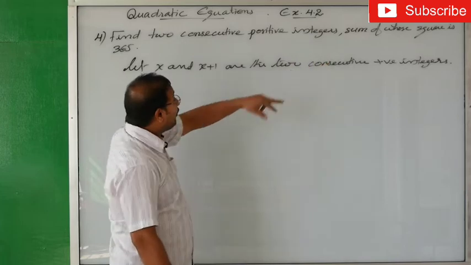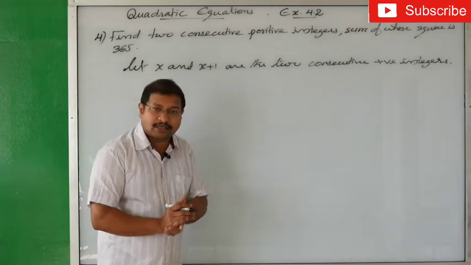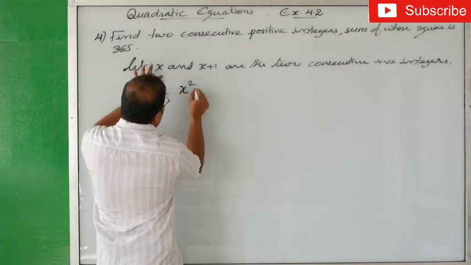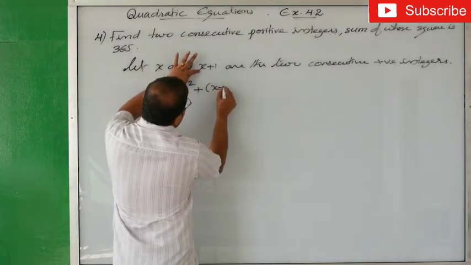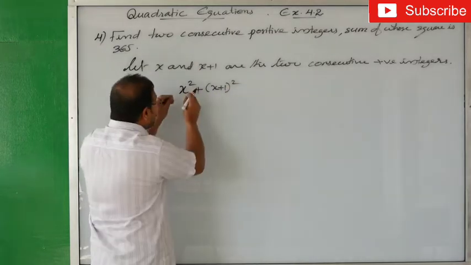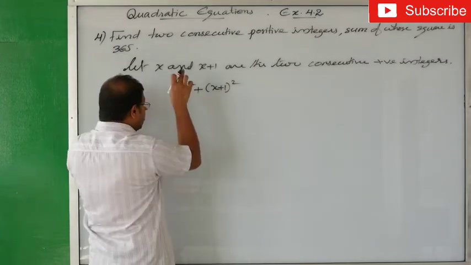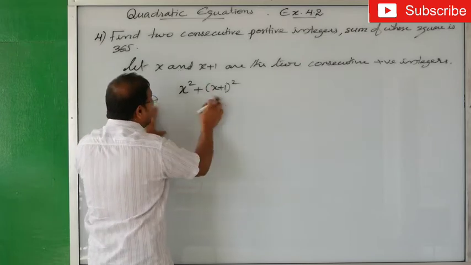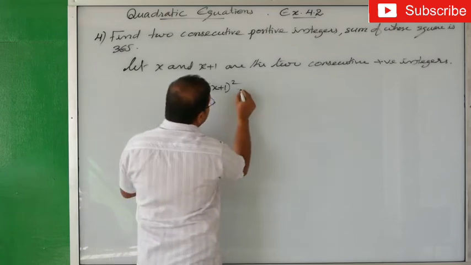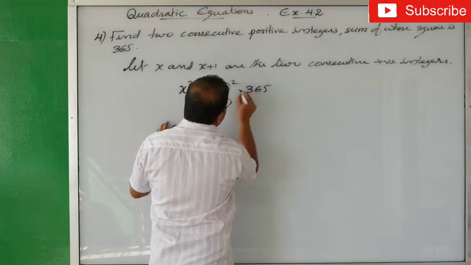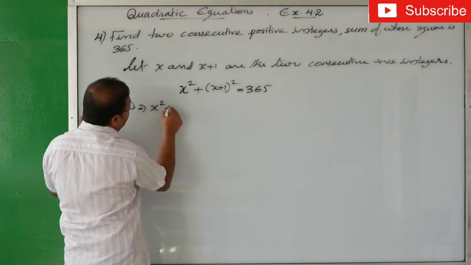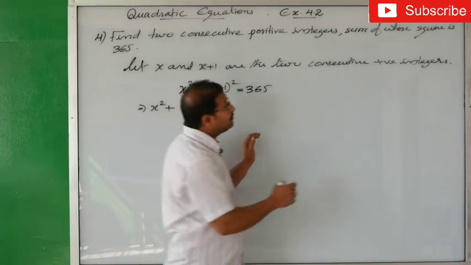Sum of whose squares, that means x square plus x plus 1 whole square. Square the numbers first, after that add. What you will get should be 365.